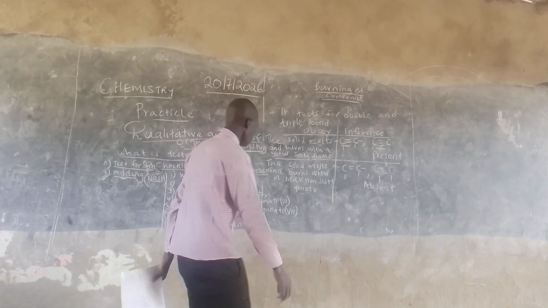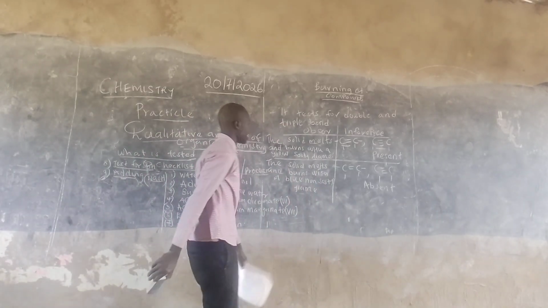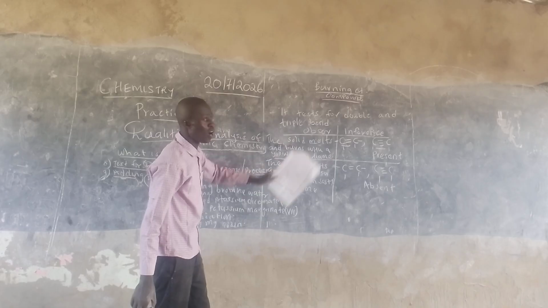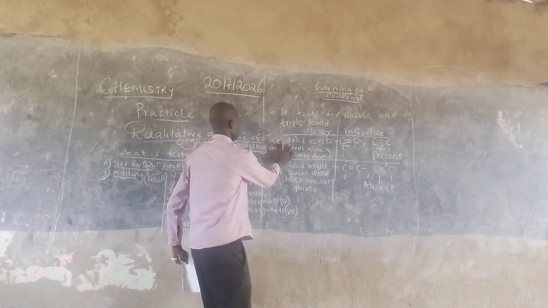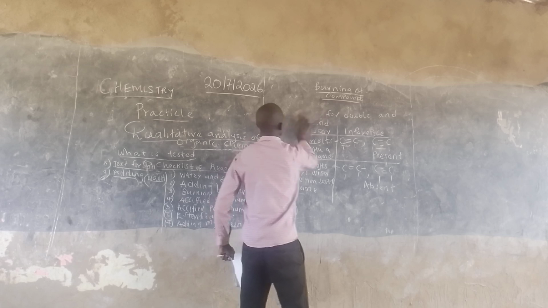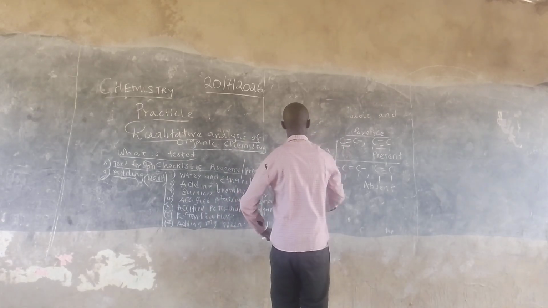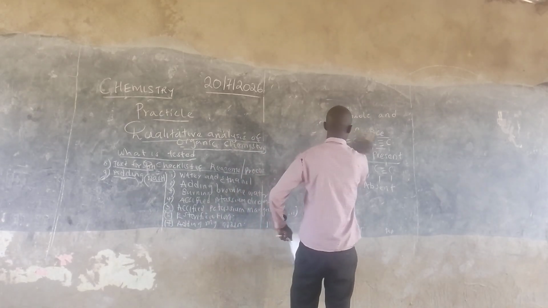So let us continue by looking at another very important point. Let us be able to get it and understand. Moving forward, we want to look at another crucial concept.